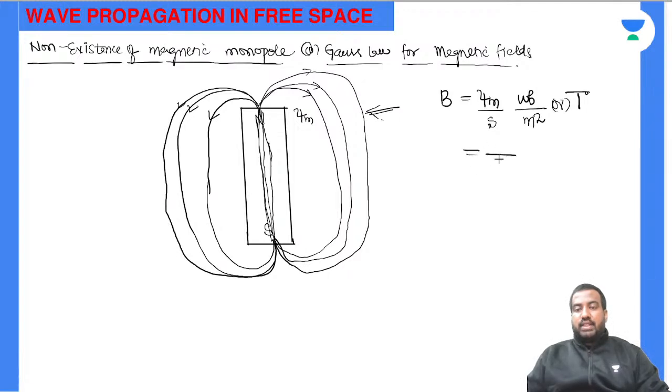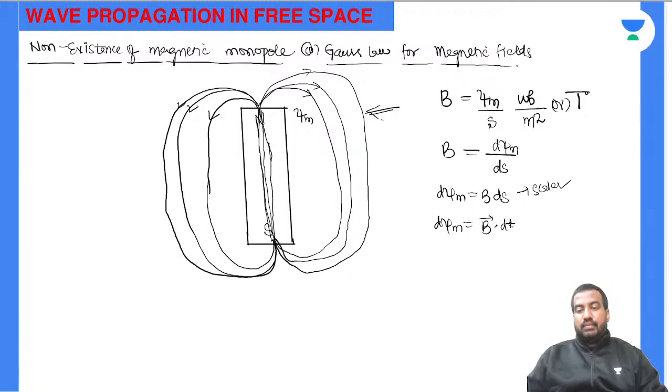If you consider small surface area ds, flux associated is d psi m. D psi m is B into ds. Scalar notation, vector notation. D psi m is B dot ds.